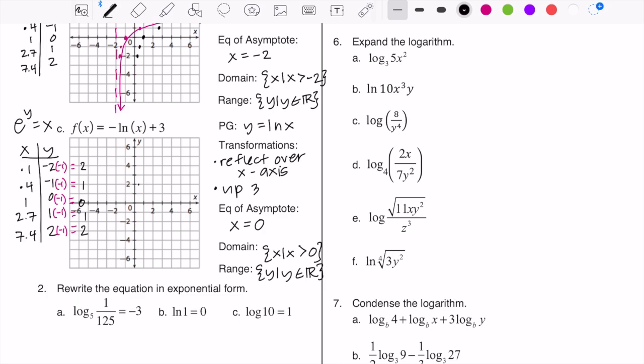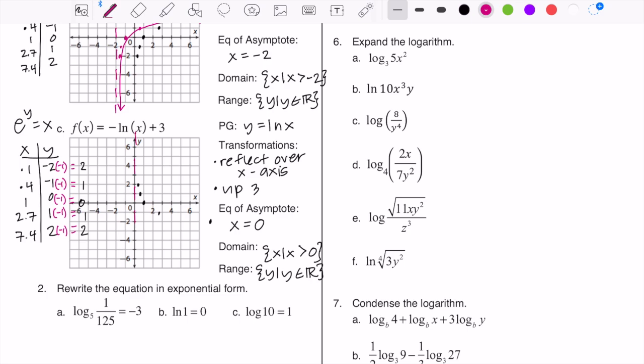3. So 0.1, 0.4, 1, 2.7, and 7.4 will be at negative 2. So the graph went from being like this and then just reflecting.